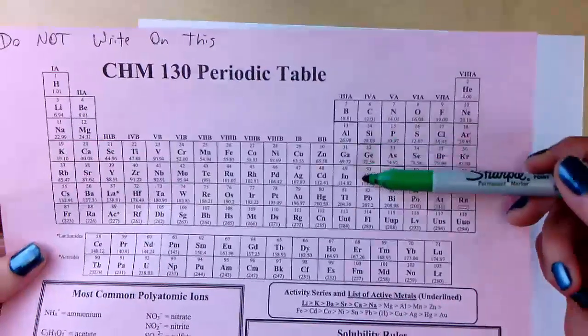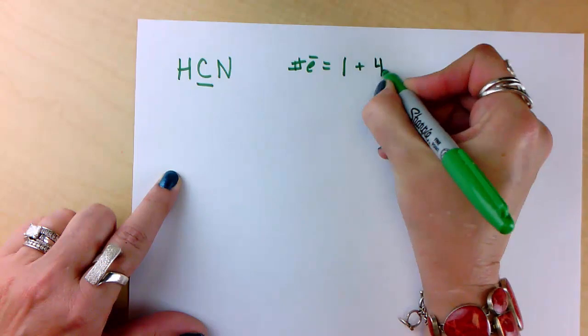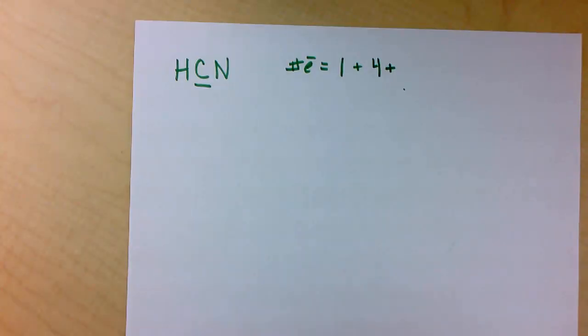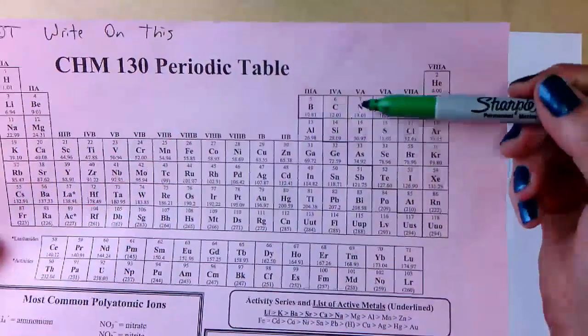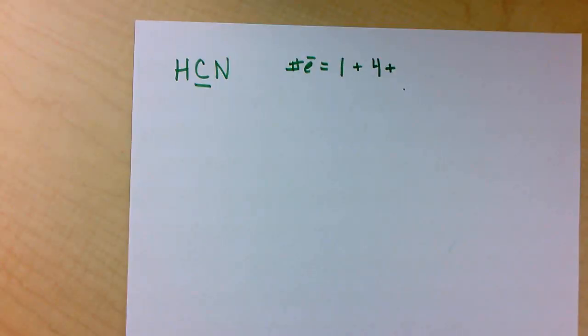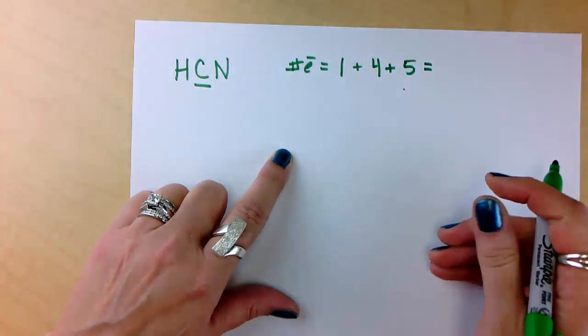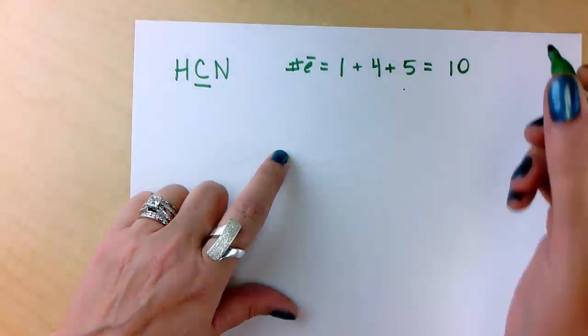How many valence electrons? You're correct if you said 4. And then nitrogen's right next door in column 5, which means it has 5 valence electrons. So we have 1 plus 4 is 5, plus 5 makes 10 total.